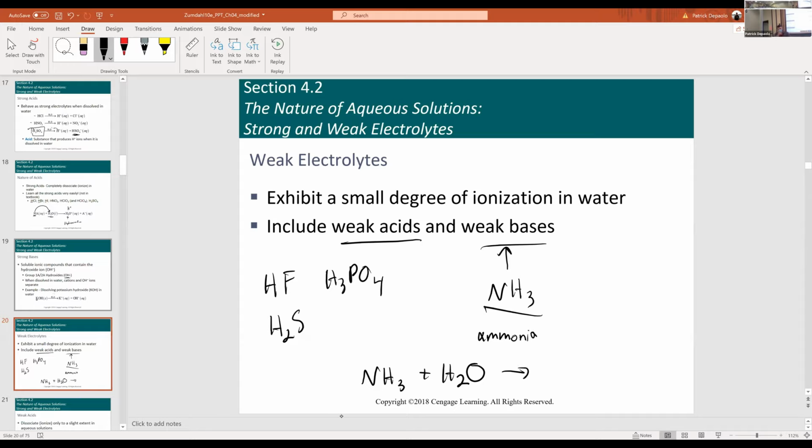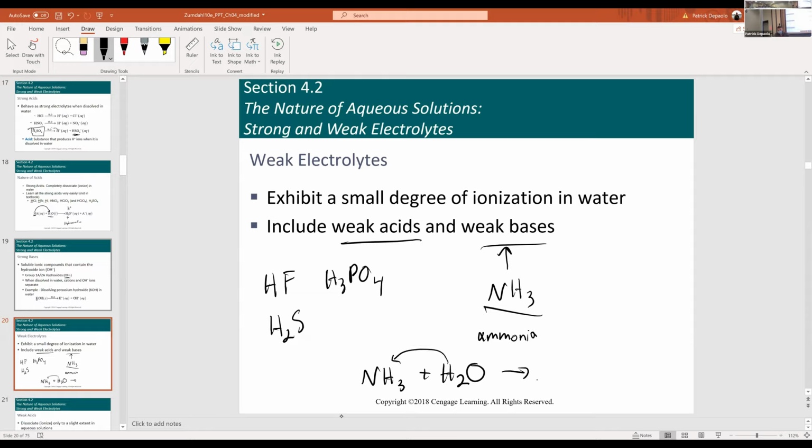So let's take a look at what happens. NH3 is a weak base. Remember what I said about water, that water is neither an acid nor a base, but it will act as one of the two depending on what it's paired with in the equation. In this case, it's paired with a weak base, so water will act as the acid. Since you're a base and you want hydrogen, I will give you hydrogen.